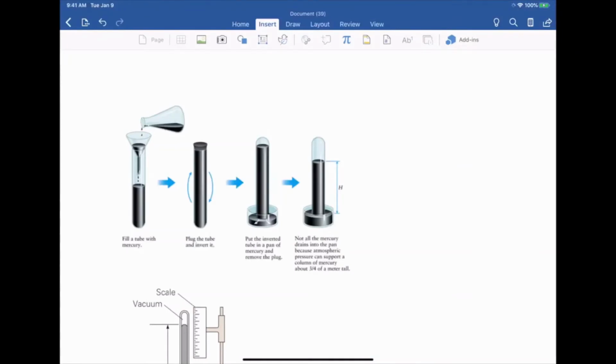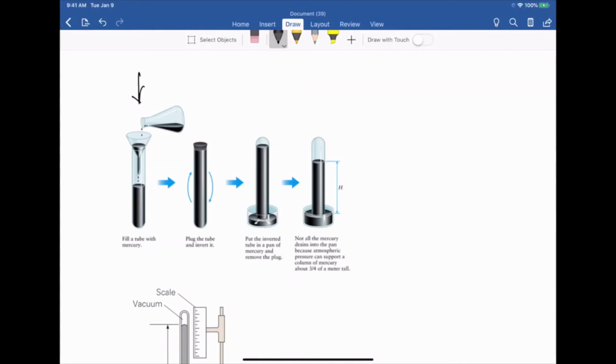Let me move the diagram over here. To understand a barometer, just imagine that you have a tube which you fill with mercury, like here. Once the tube is completely full, with no air bubbles or anything, you plug the tube, invert it, and put it in a pan of mercury, right?